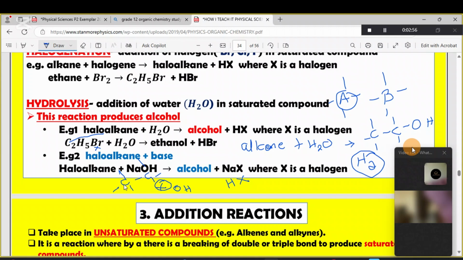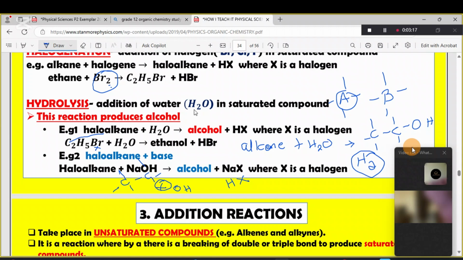So this is also the same as here. This one is also called halogenation. You're adding a halogen. But remember the other halogenation, we were adding it to an alkene, right? That's why it became an addition reaction.